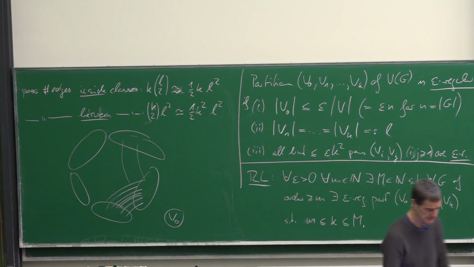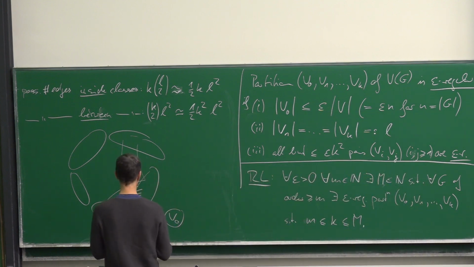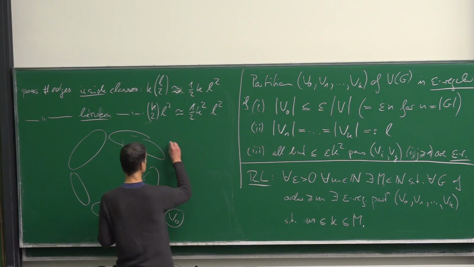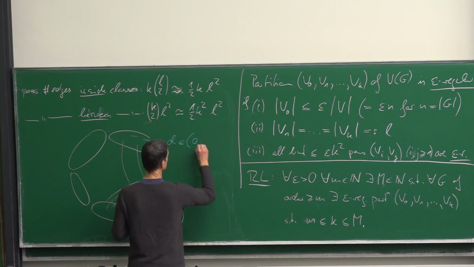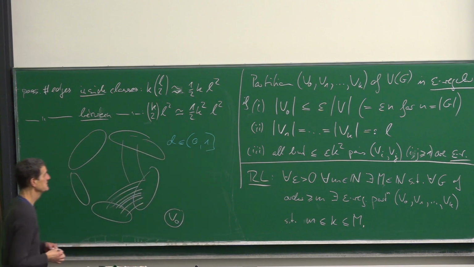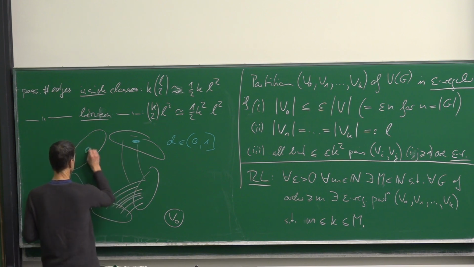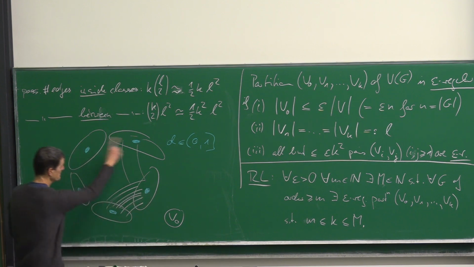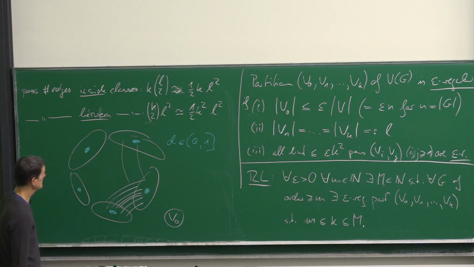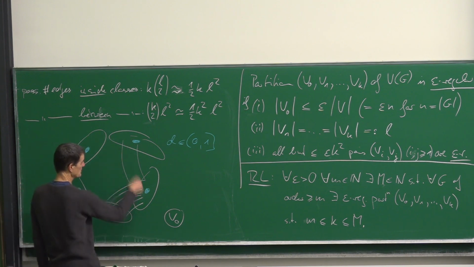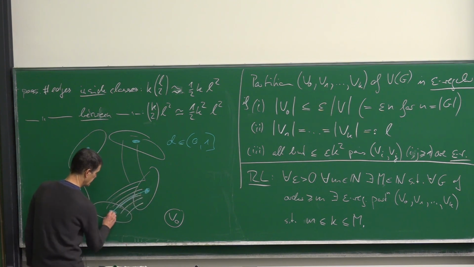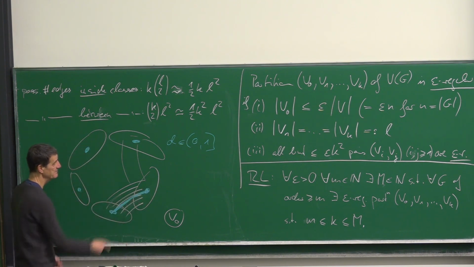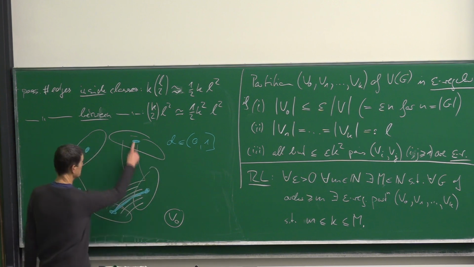And now, if we give ourselves a target density D, some real number between 0 and 1, then we can make an auxiliary graph whose vertices or nodes are going to be the partition classes other than the bin, and in which we make two of these nodes, two classes adjacent, if the density of that particular pair is at least D. So these are not going to be adjacent.